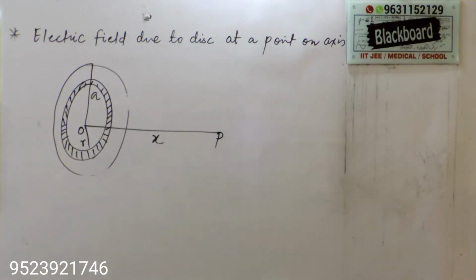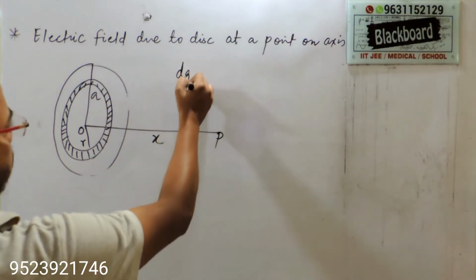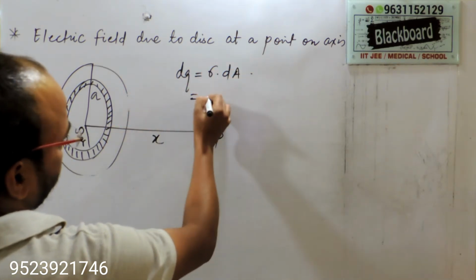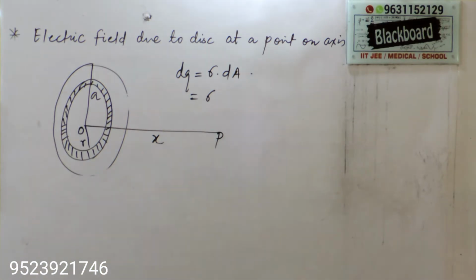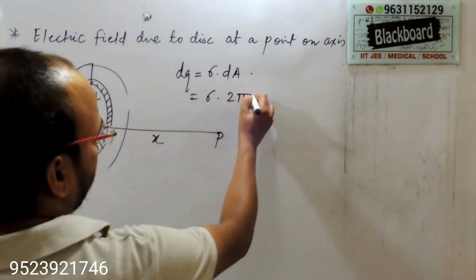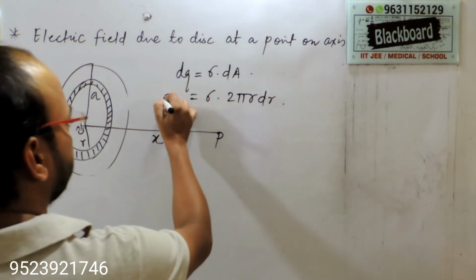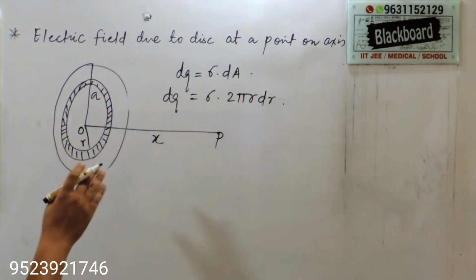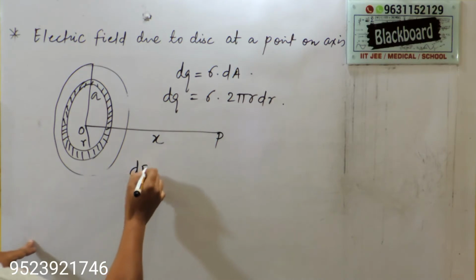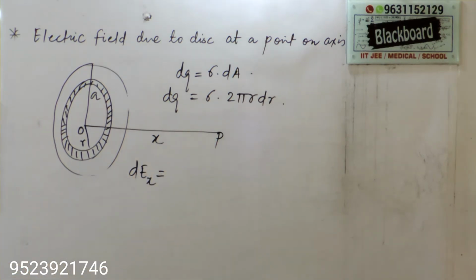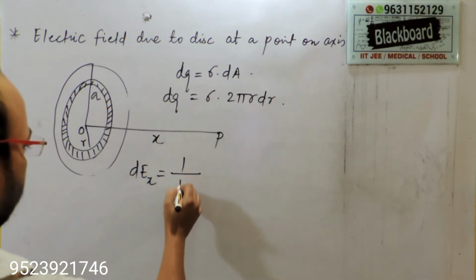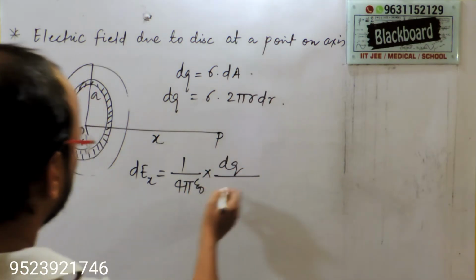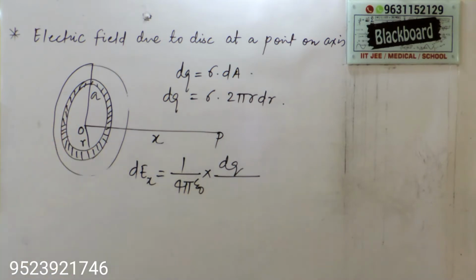Here dq is the charge on this shaded region, and dq equals sigma into dA. Sigma is the charge density and dA is 2 pi r dr. That means the electric field along the x-axis, dEx, equals 1 by 4 pi epsilon naught into dq divided by the square of this distance.